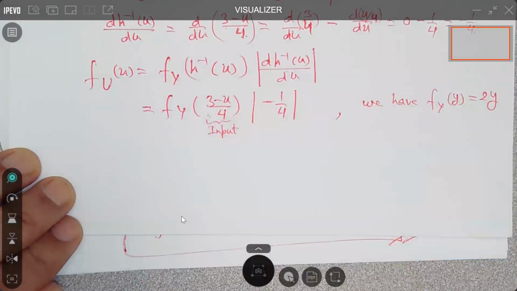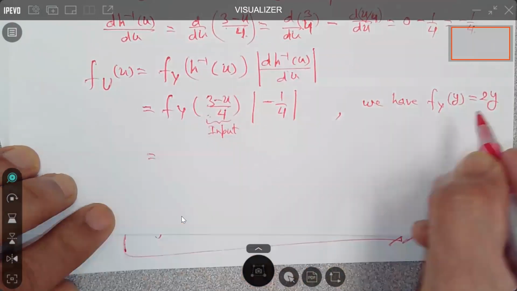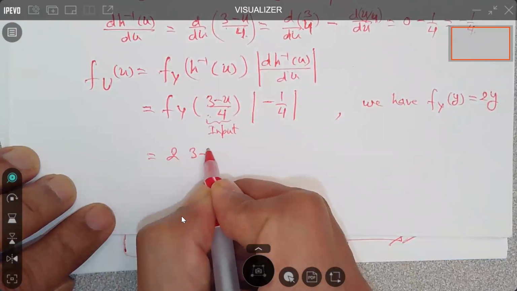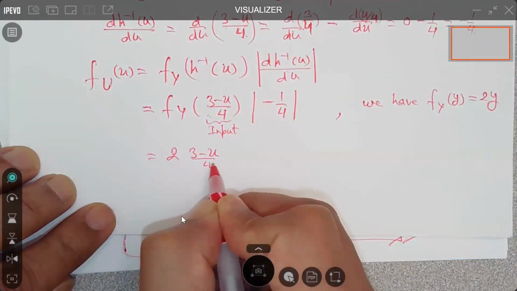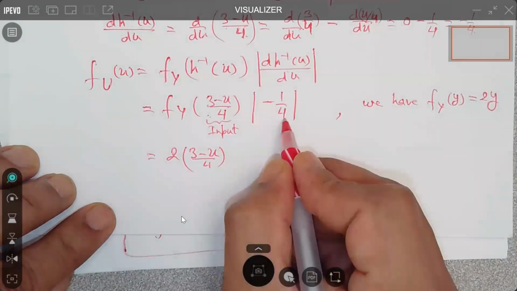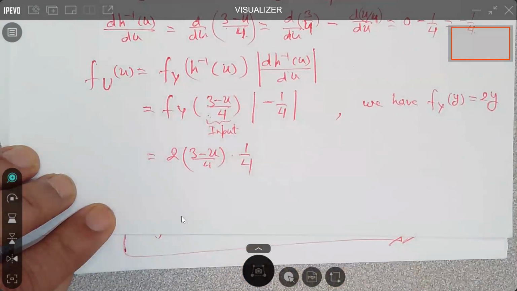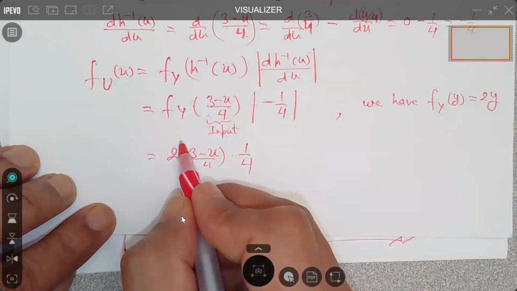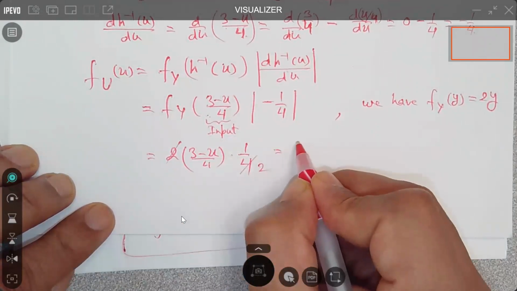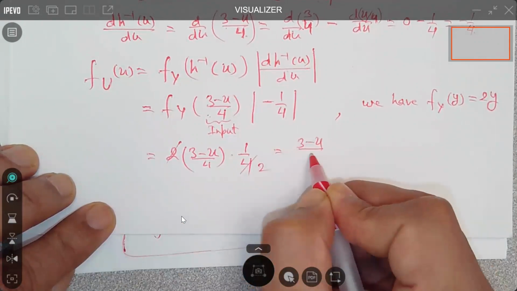So this is equal to 2y, then (3 minus u) over 4, and negative 1 over 4, whose absolute value is 1/4. So you cancel this one and this 2, and this is equal to (3 minus u) over 8.